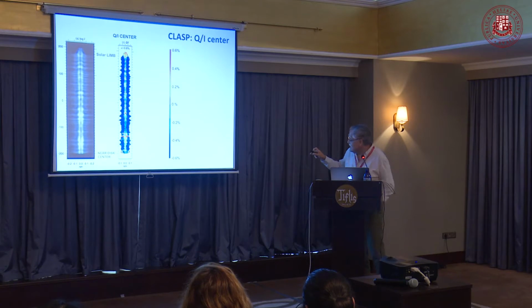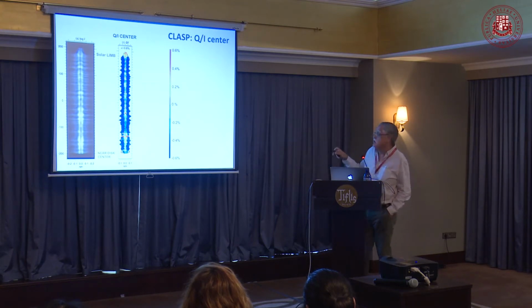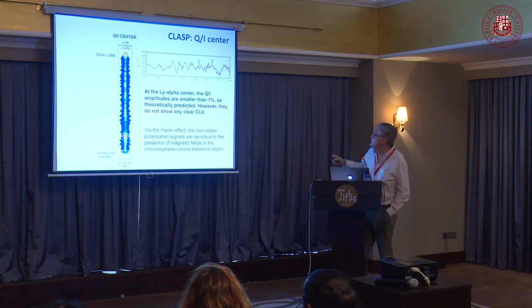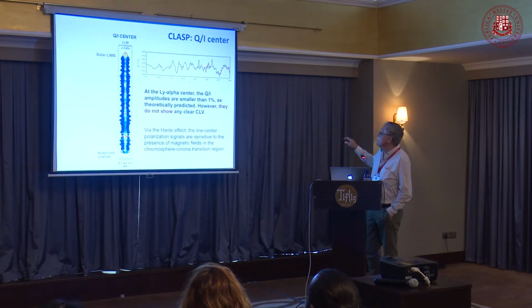Now, the line center is where the information on the magnetic field is encoded, because the Hanle effect operates in the line center, and here we have very weak signals, below 1%. And as you can see, these signals are fluctuating around 0 from the disk center towards the limb.